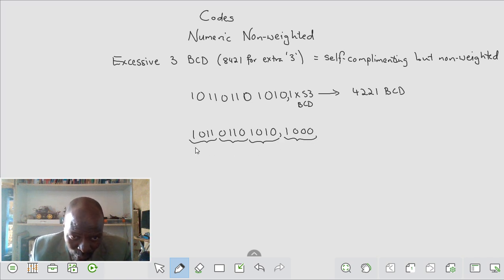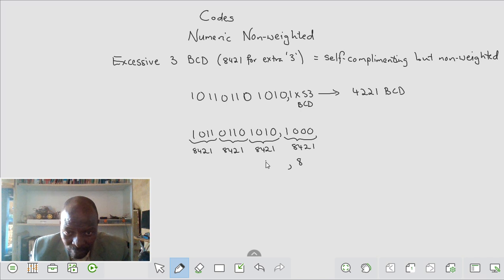Then we do 8421 for each. This here gives us an 8. If we didn't put zeros here, it would have looked like a 1, but it's actually an 8. The comma stays in place. That there is 8 and 2, that's 10.